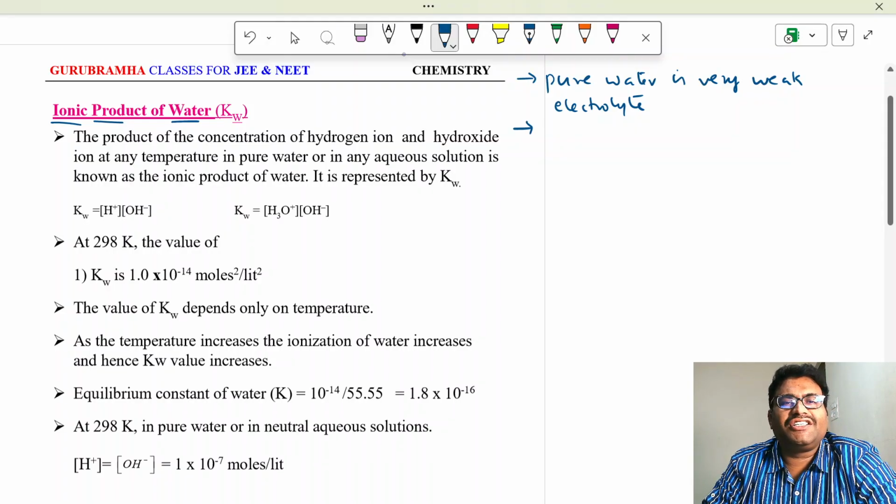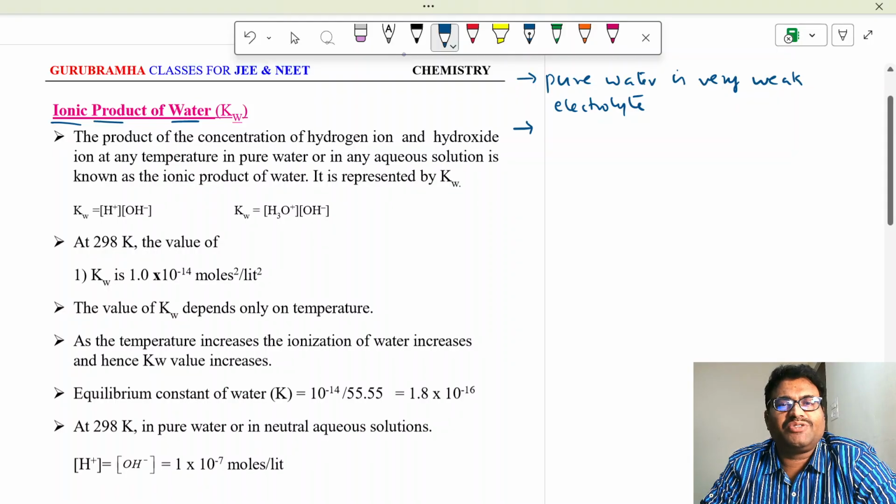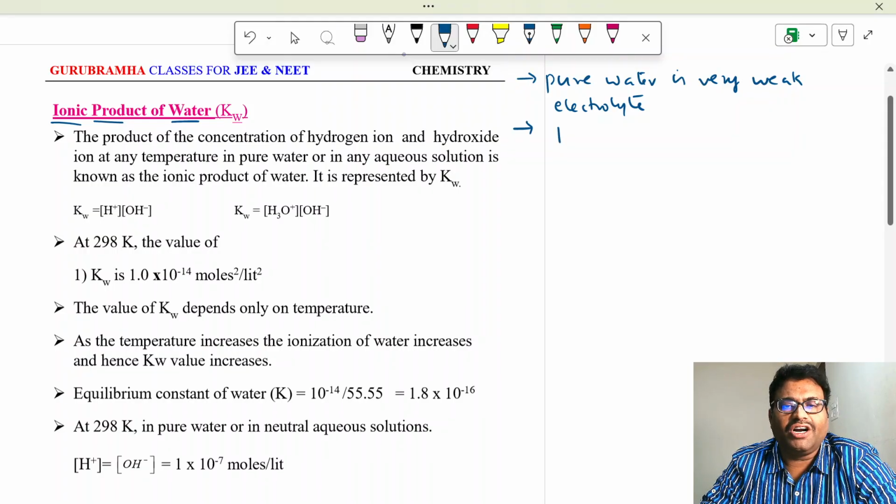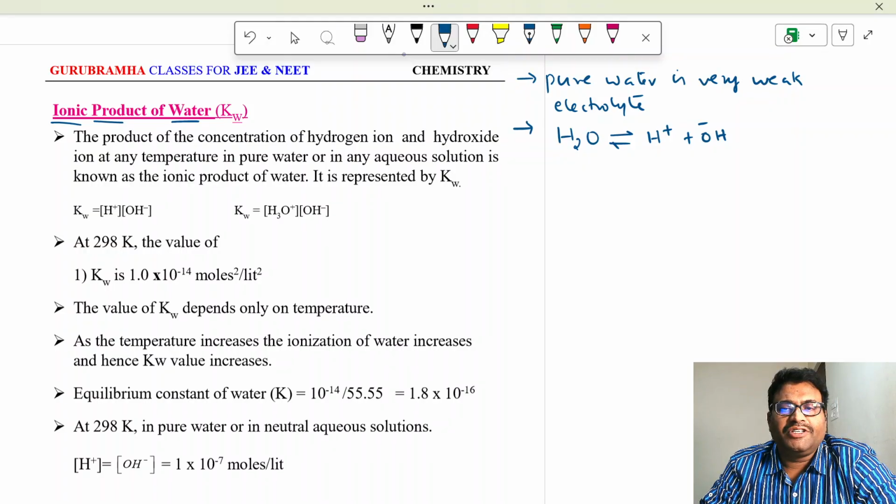Because its dissociation is very much less. If water gets dissociated, it dissociates into H plus and OH minus.